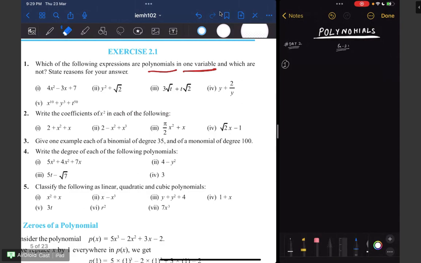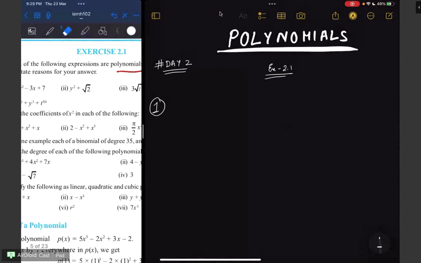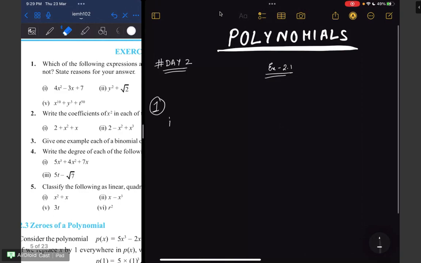State reasons for your answer. So what is the first expression? The first expression is 4x square minus 3x plus 7. We need to say whether this particular expression is a polynomial or not.